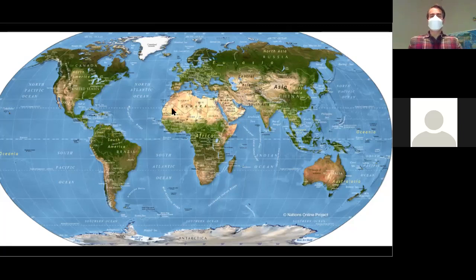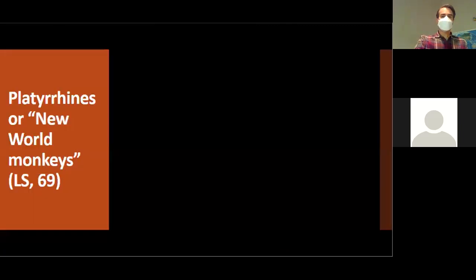It's still a little bit of an ethnocentric term because it's assuming that everything over here is old and everything over here is new, when in some ways they're equally old and new at that point in time. Anyway, that's where we get it. New World monkeys refers to monkeys that inhabit the Americas, whereas Old World monkeys are mostly in Africa, but really also in Eurasia as well.